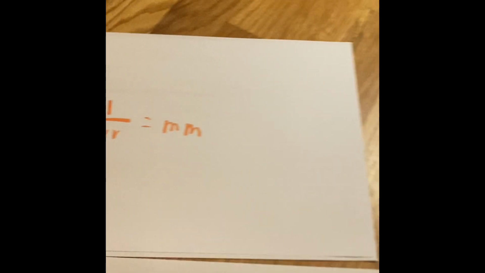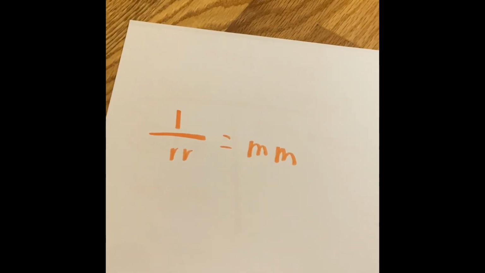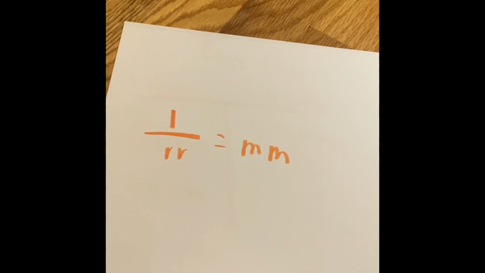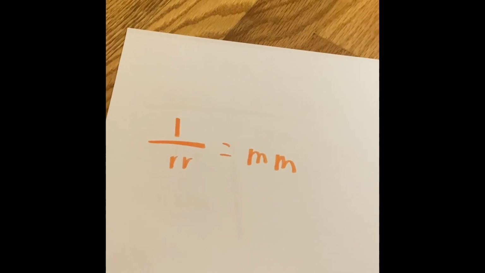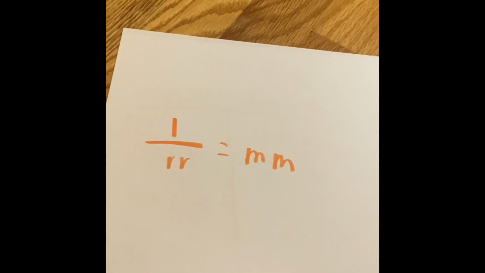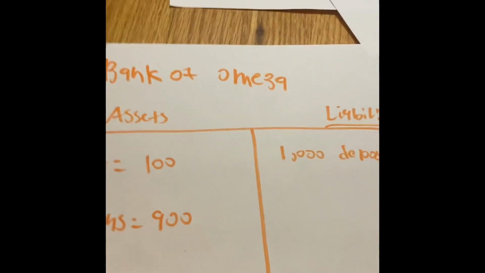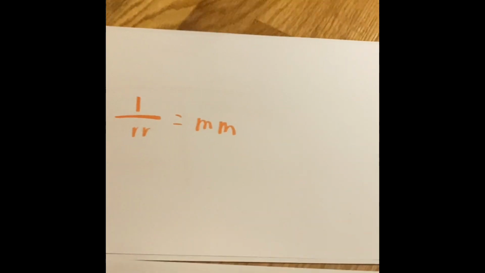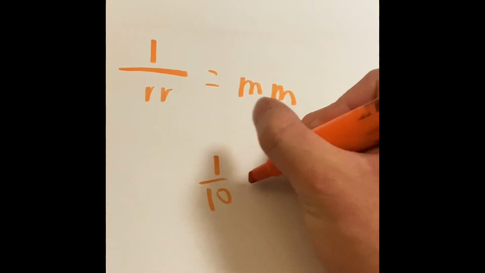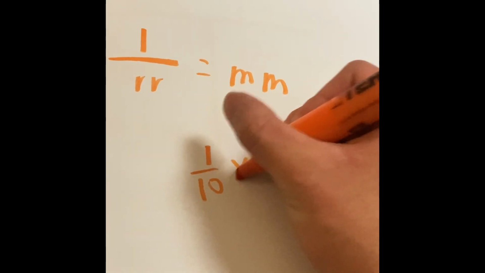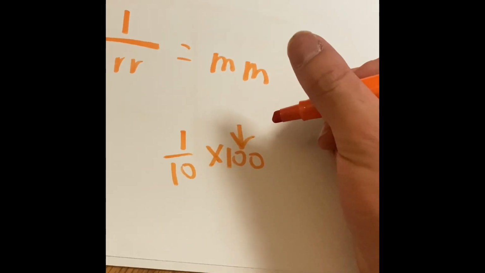This is the formula for the money multiplier, and that indicates how much money is flowing through that bank, and also how much money is increasing or decreasing within the money flow in the nation. How fast is money flowing through this bank and also through the nation? So we do 1 divided by 10, and then we multiply by 100, because that is the amount of money that we have in the bank.